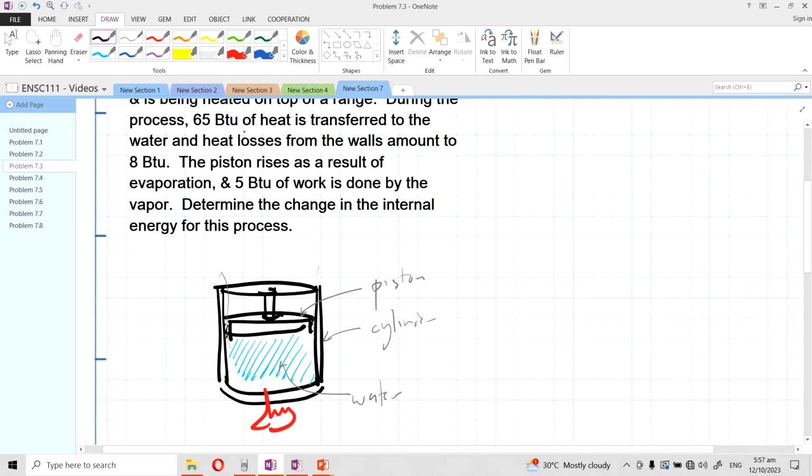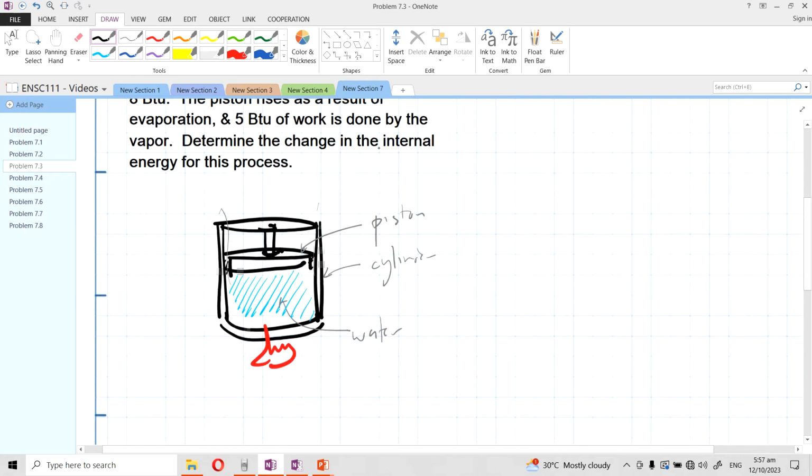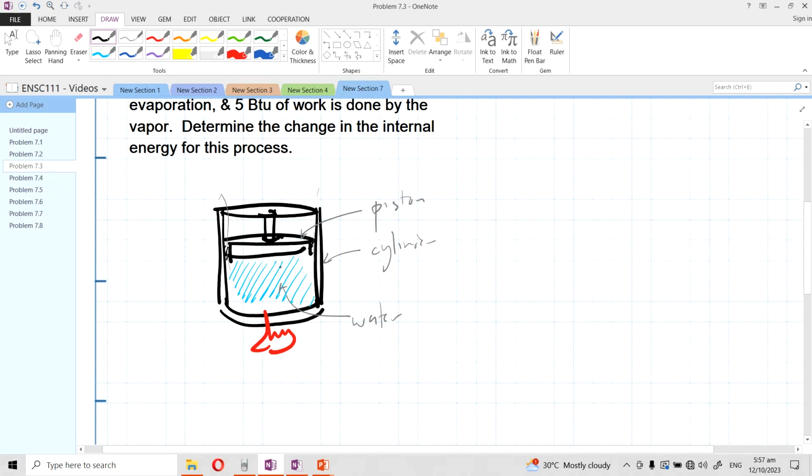It says here that 65 BTU of heat is transferred to the water. So there's heat input to the water, and because it's a heating process, the container will eventually have an increased temperature, and the temperature of the surrounding air is less than the temperature of the container.